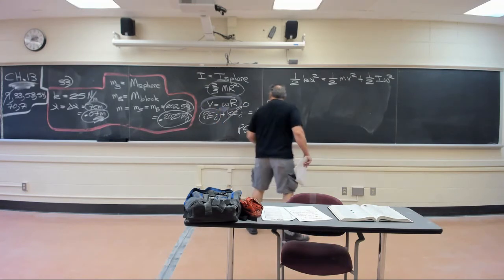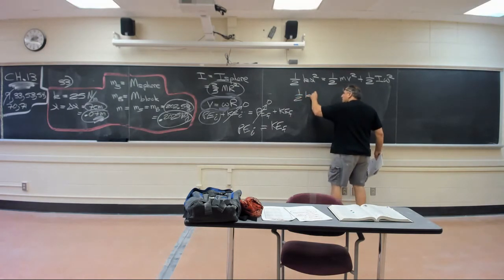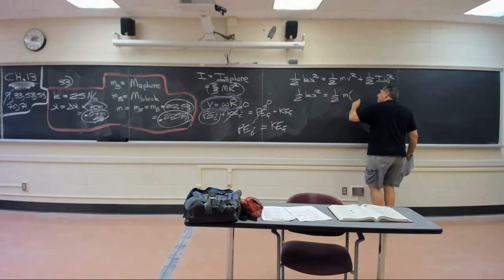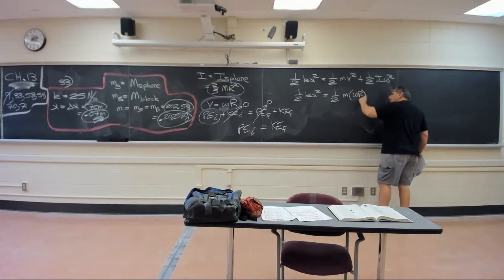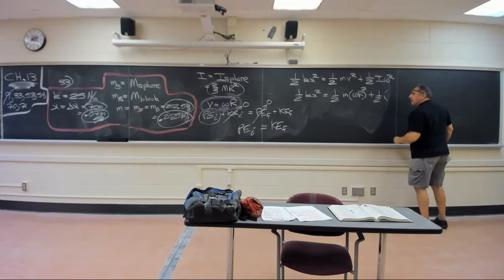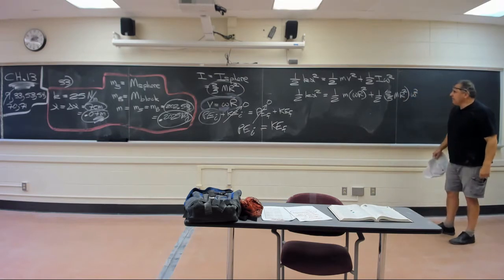V equals omega R. What's I? They already told us I was 2/5 mr squared, with omega squared on the outside of all that.